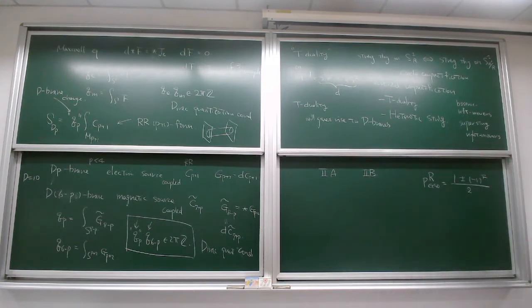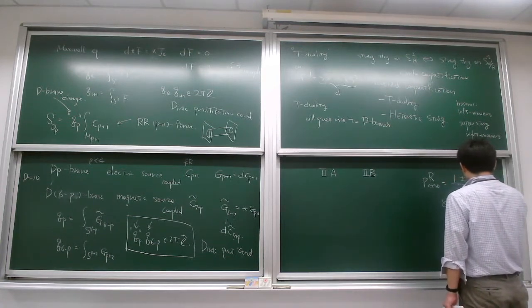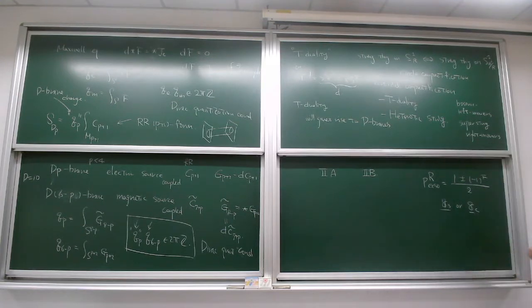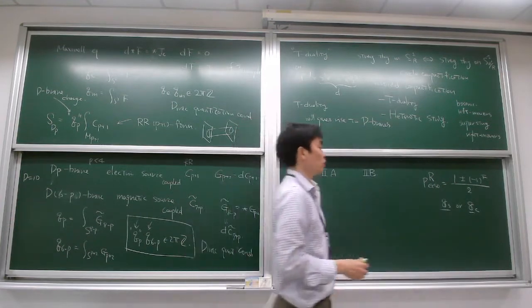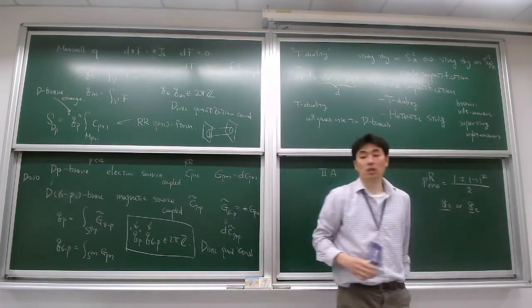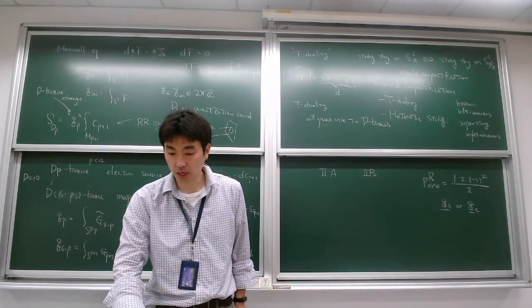So that's the GSO projection operator for the Ramond sector, and this will pick 8S or 8 conjugate spinor. So either plus or minus, you pick either spinor or conjugate spinor. That's then how type 2A and type 2B are determined, by which projection operator you pick, plus or minus. So that's how we obtain the two types of string theory.